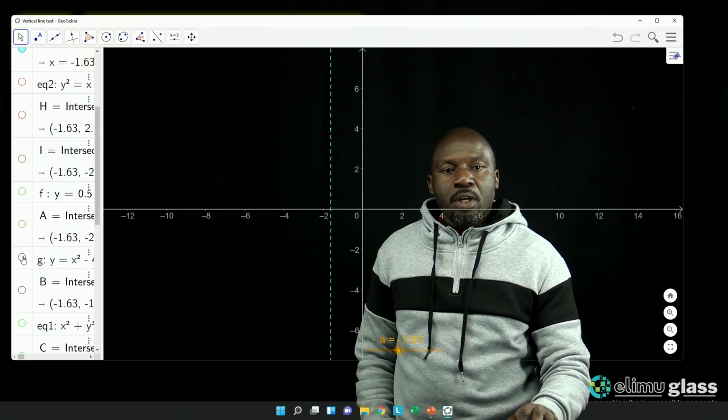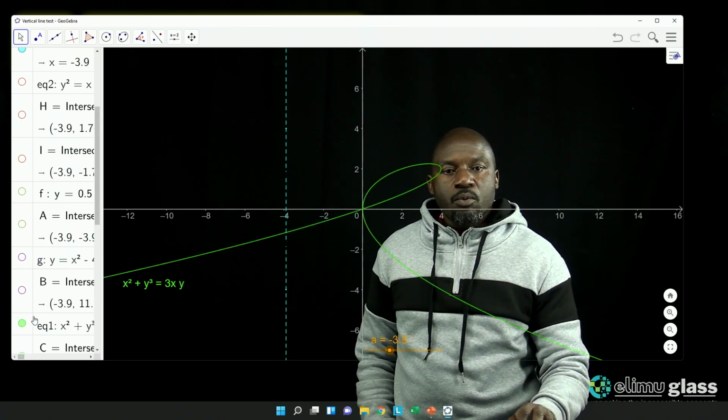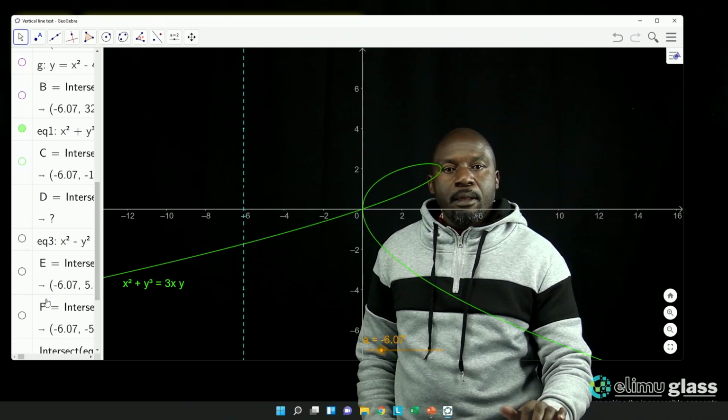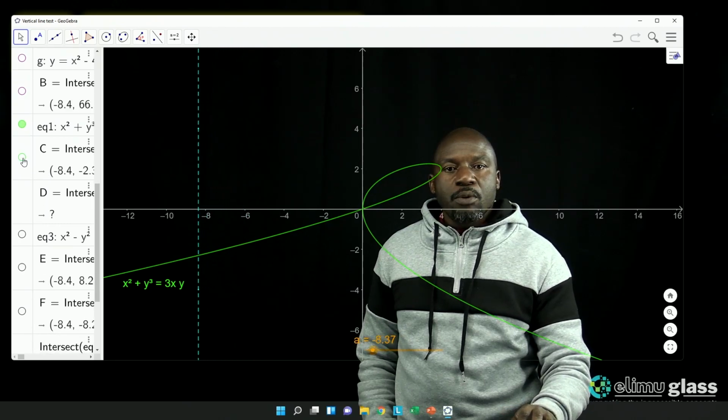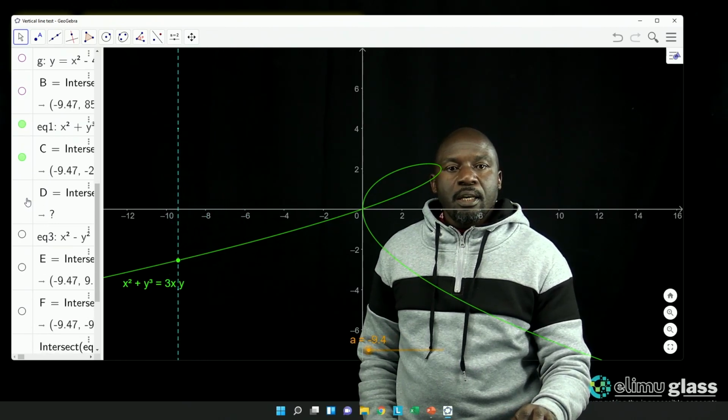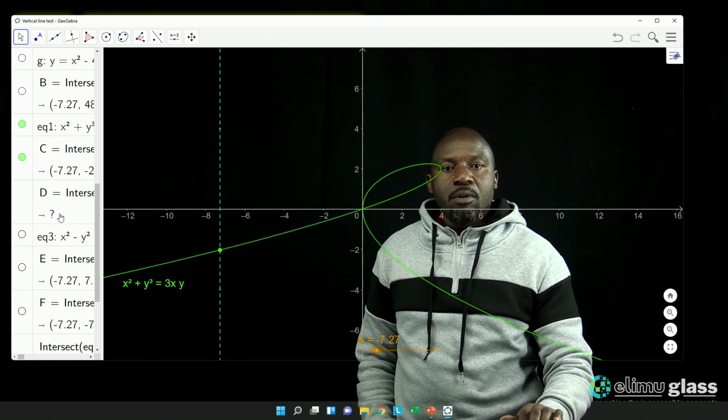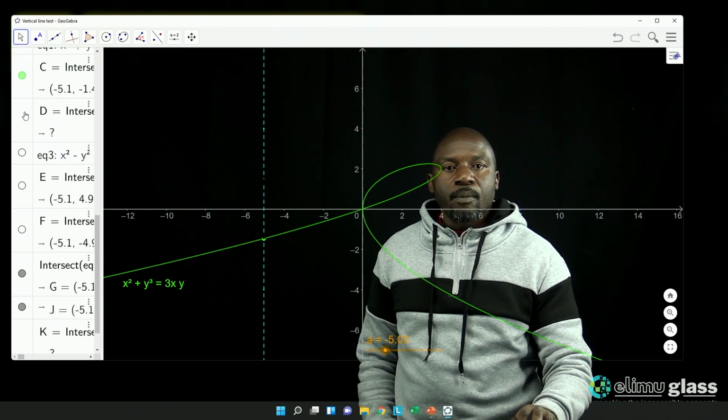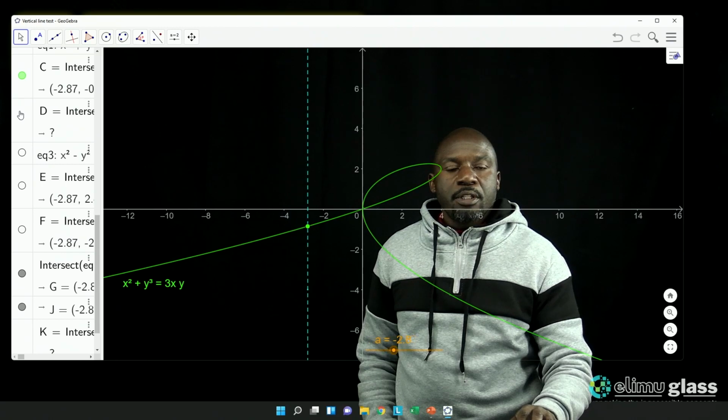Let's see one more. Look at this one here. Is that a function or not? Will the vertical line make it qualify as a function?